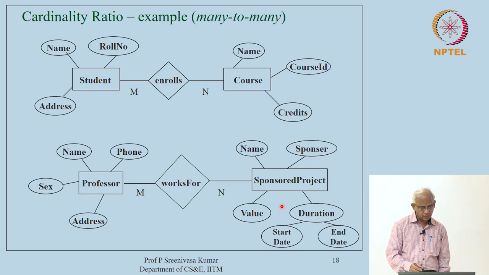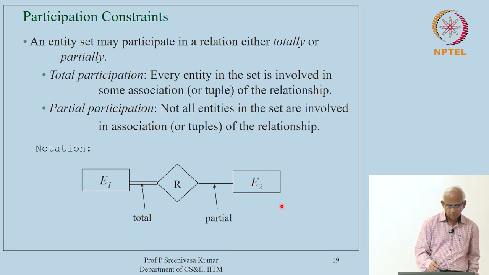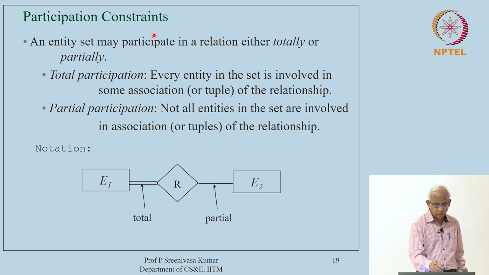Now, this is one important aspect of relationships, typically binary relationships. On the other hand, we also have what are called participation constraints. This talks about the minimums, as I was mentioning some time earlier.